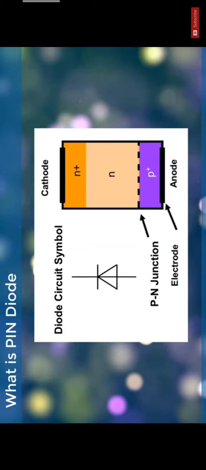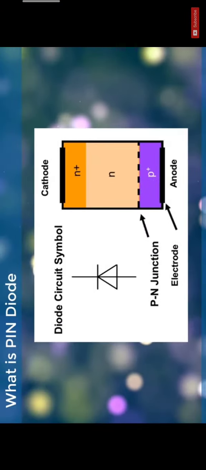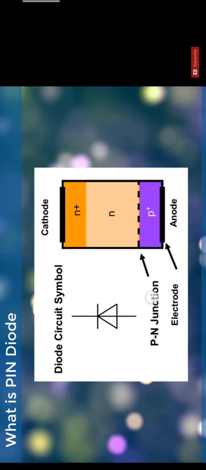Here the plus sign indicates heavy doping of impurities. Here cathode indicates the negative terminal, and anode indicates the positive terminal.